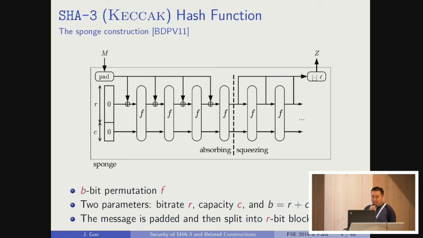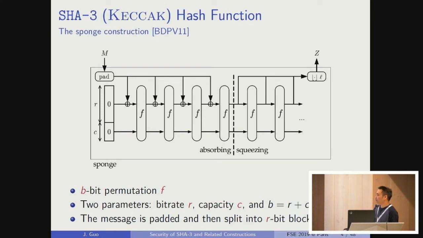The SHA-3 hash function follows the sponge construction, which means that you start with an initial value and apply this permutation iteratively. To process the message, you break the message into blocks and feed them into the first few bits of the state. XOR it, apply the permutation.